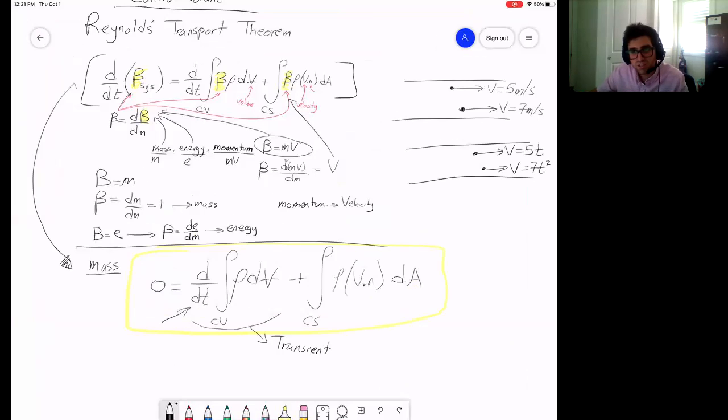Is this a transient or a steady state system? That's transient, because it changes with respect to time. Exactly. If I come back after 10 seconds, now the velocity is 50 at the top. If I come back at 30 seconds, now you have 150 at the top. So anything that changes with time, you have a transient system.